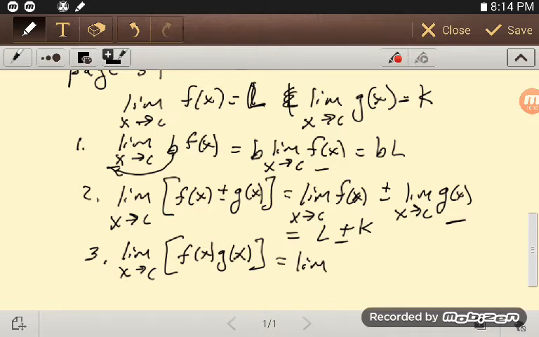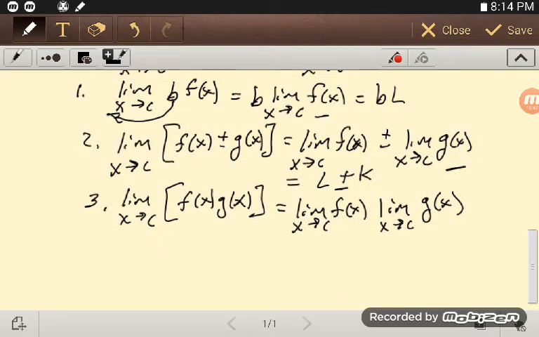We can take the limit as x goes to c of f of x, and we can multiply that by the limit as x goes to c of g of x. So in other words, we can distribute that limit operation, that limit concept, over a multiplication like this and get L times K. That's pretty significant, because many things you cannot do that sort of thing with.